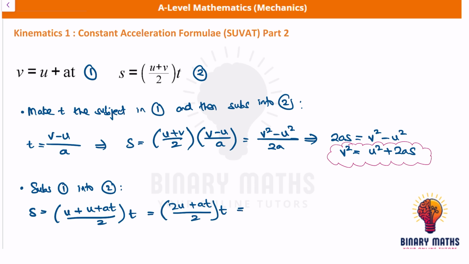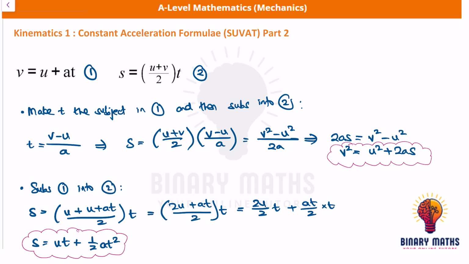If you expand the bracket and separate the two numerators out, you get 2u over 2 times t plus at over 2 times t. If you simplify that, you get ut + half at squared. So that is the fourth formula that you need to know.